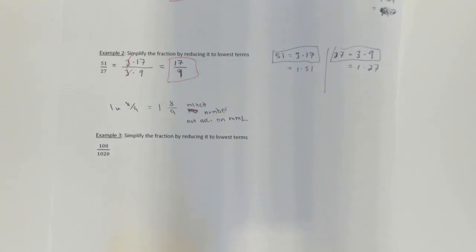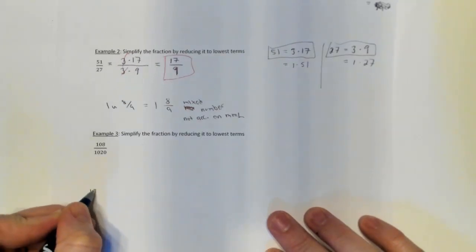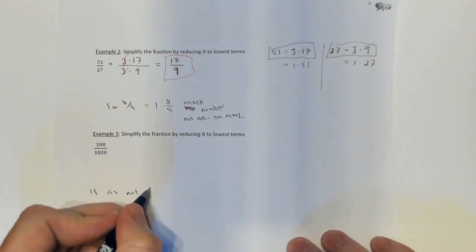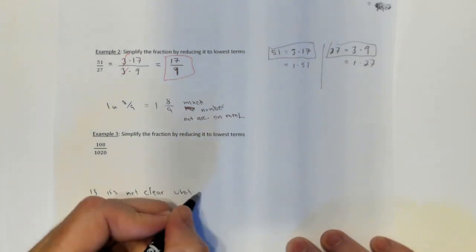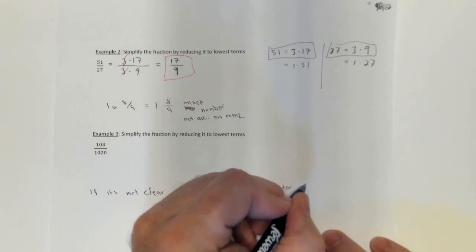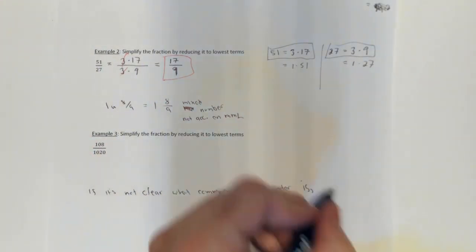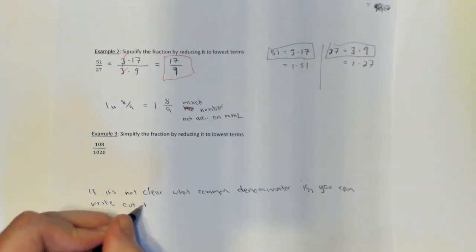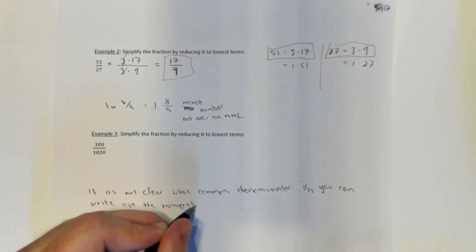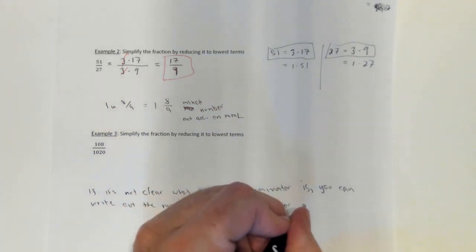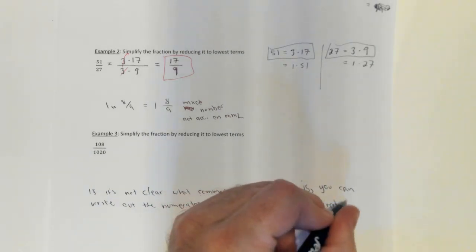So in this case, if it's not clear what the greatest common factor is, you can write out the numerator and denominator as the product of their primes.